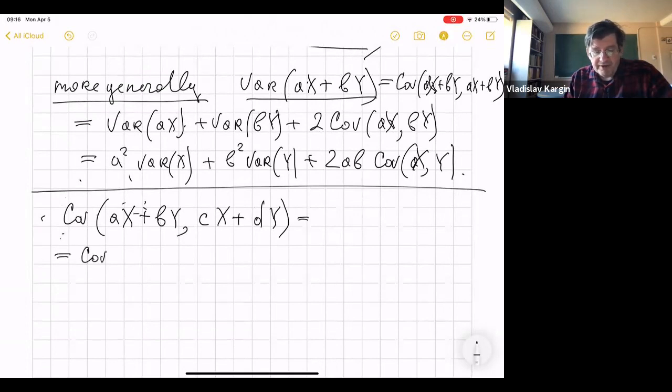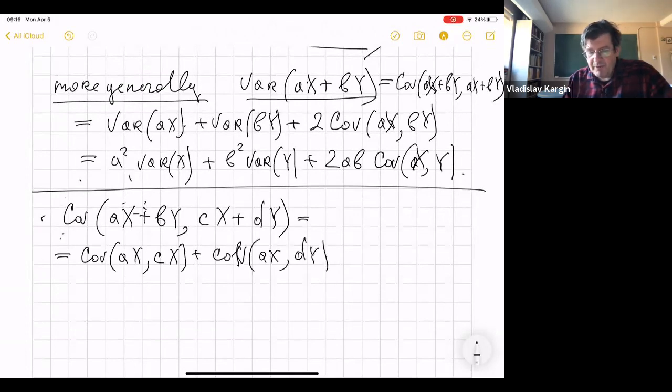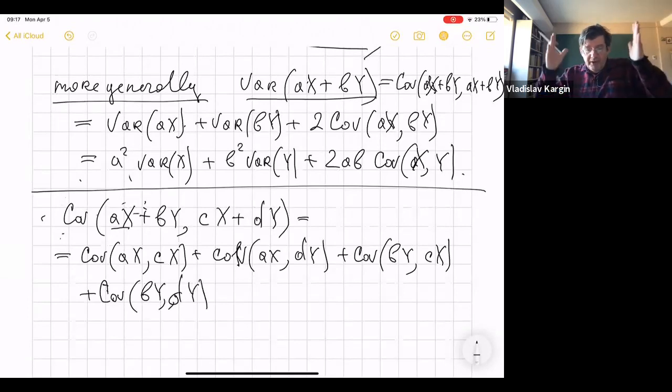So it's covariance of ax and cx, plus covariance of ax with dy, plus covariance of by and cx, plus, the last one, covariance of by and dy. So I expand this by making a product of these terms.